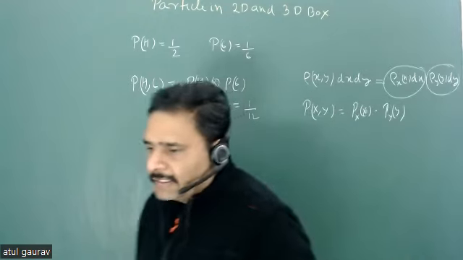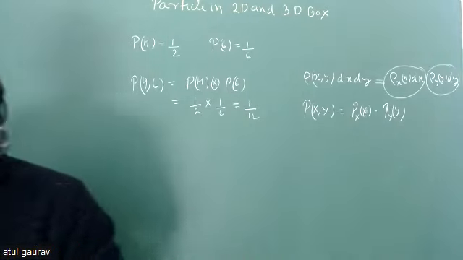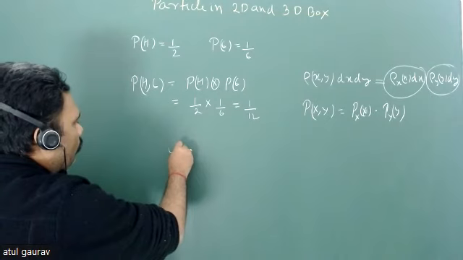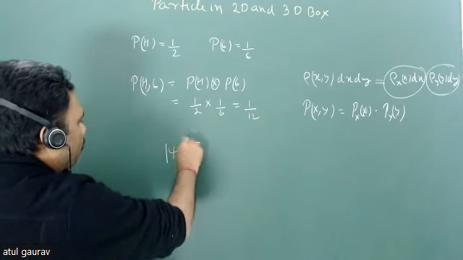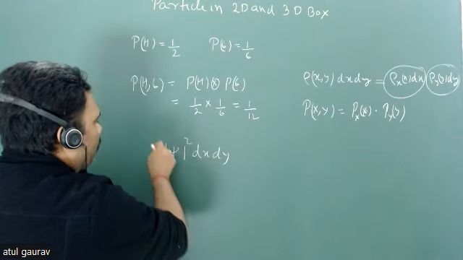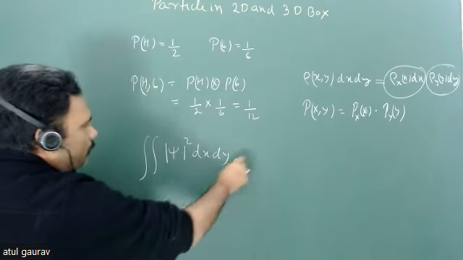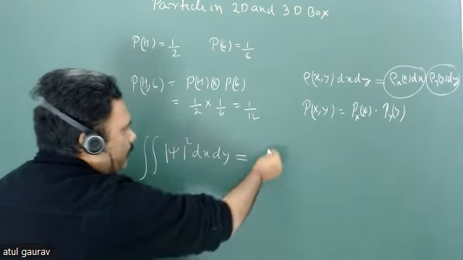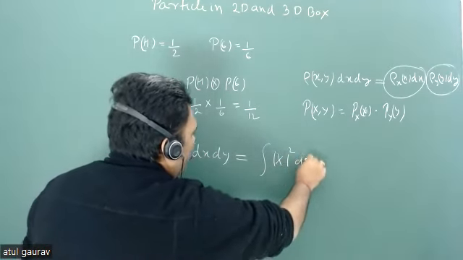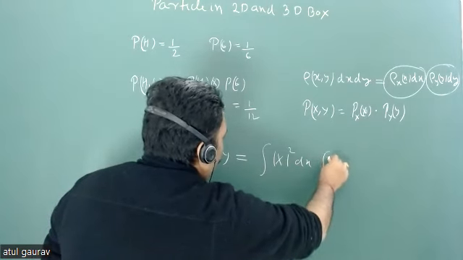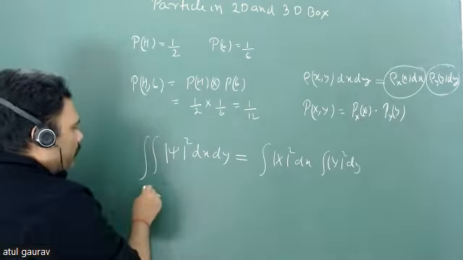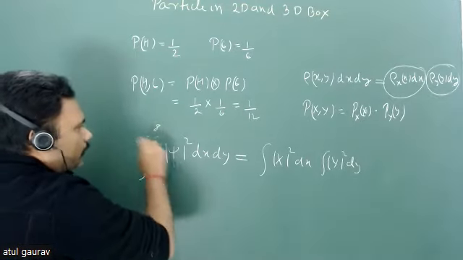So if this can happen to your probability density, then we can go for this as my wave function also, something dx dy, and this can be written as something like mod x square dx mod y square dy. Obviously, each of these is from minus infinity to plus infinity.